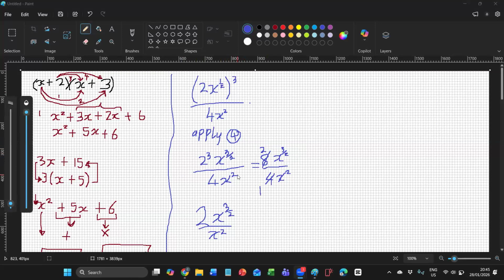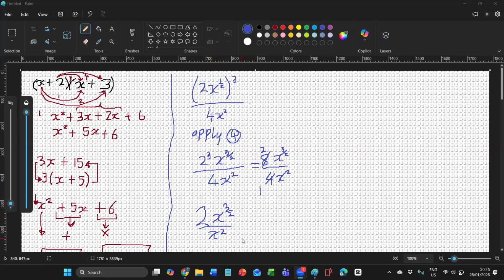It's still looking the same, but it's about to change. So what did I do next? I evaluated 2 raised to the power of 3, which you told me was 8, and I agreed with you because 2 times 2 times 2 is 8. The 4 cancelled itself and the 4 went in 8 twice, right? Leaving me with 2 times x raised to the power of 3 over 2 all over x squared, right?